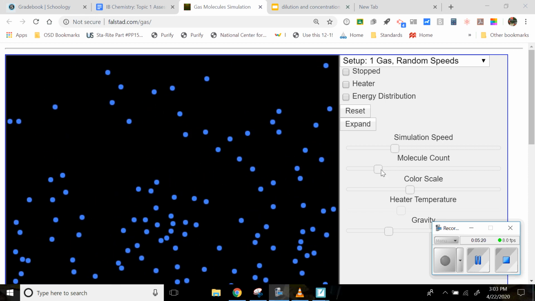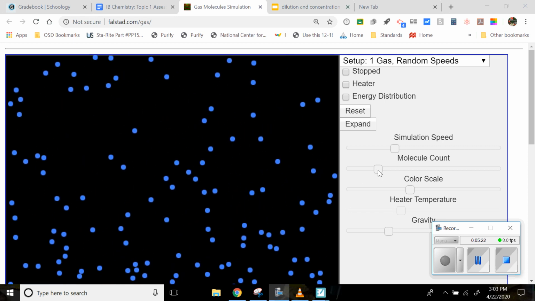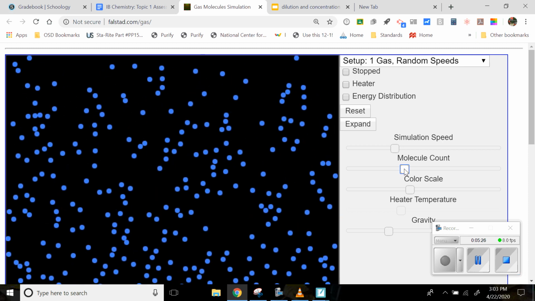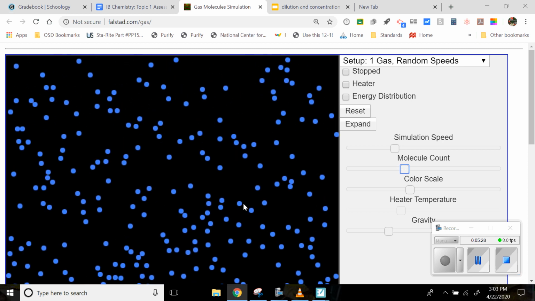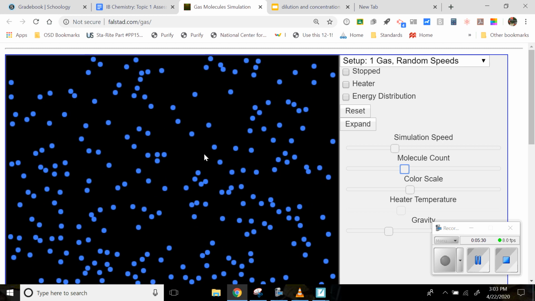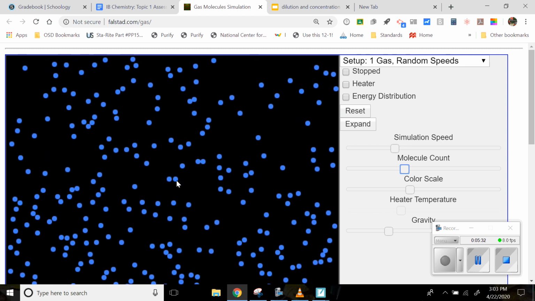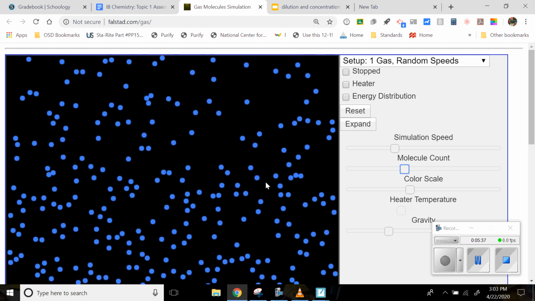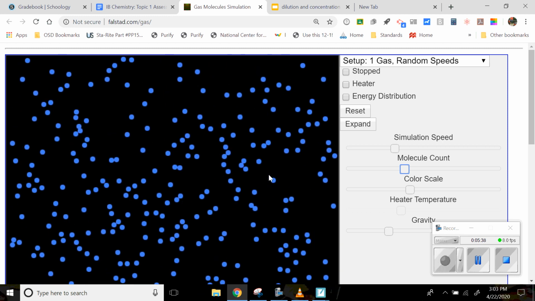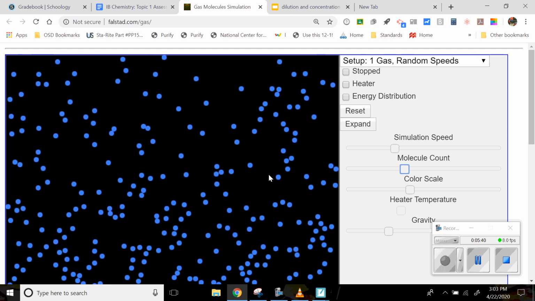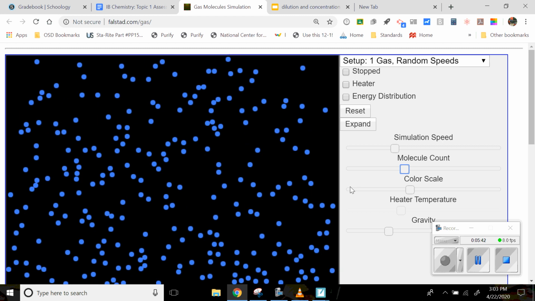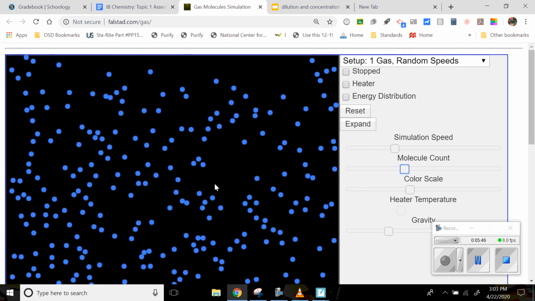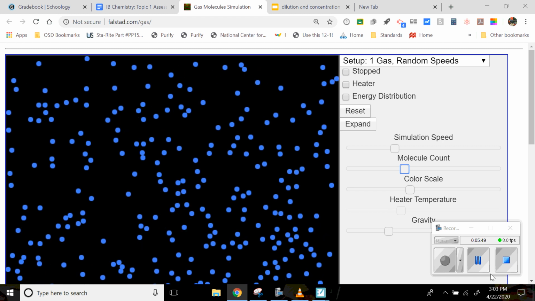If I increase the number of particles, the more collisions I get. The more collisions I get, the faster the reaction is going to occur. It's incredibly important to know that the higher the concentration, the faster a reaction will happen. So this is why we care so much about the concentration of any reagents or products that we make in the chemistry lab.